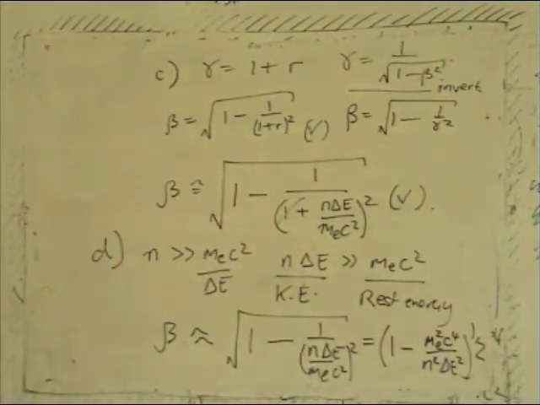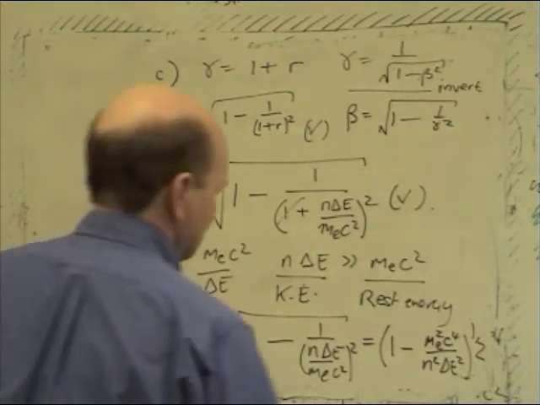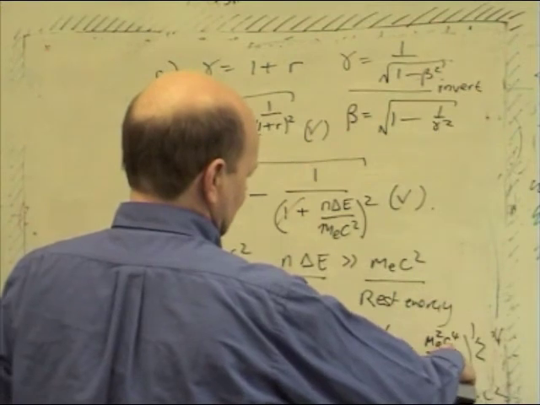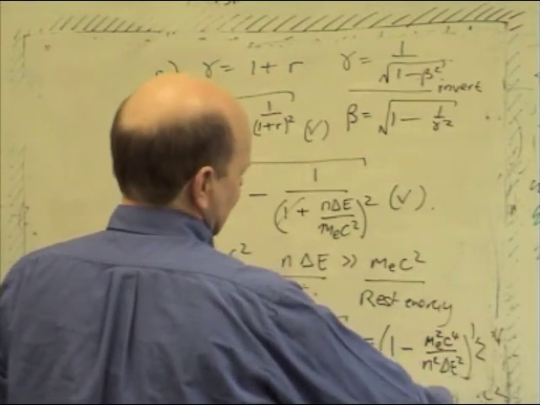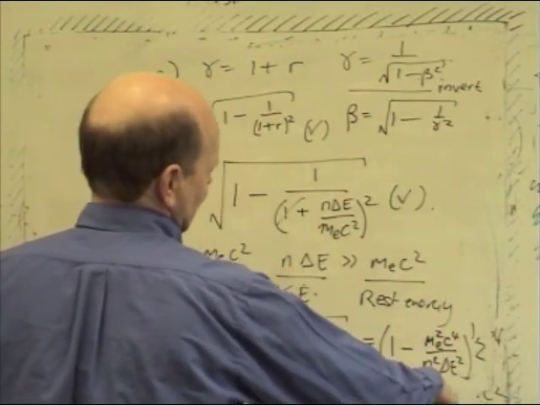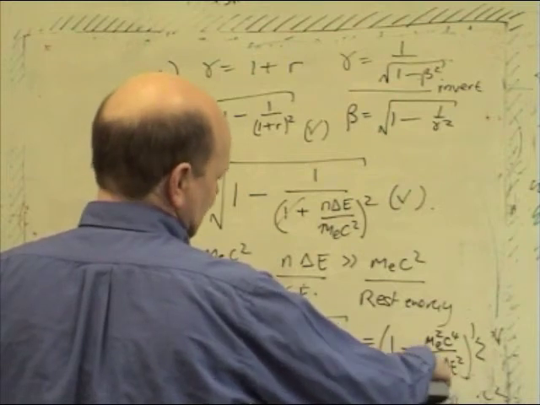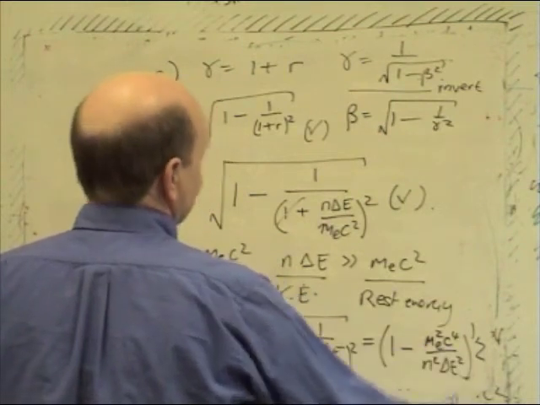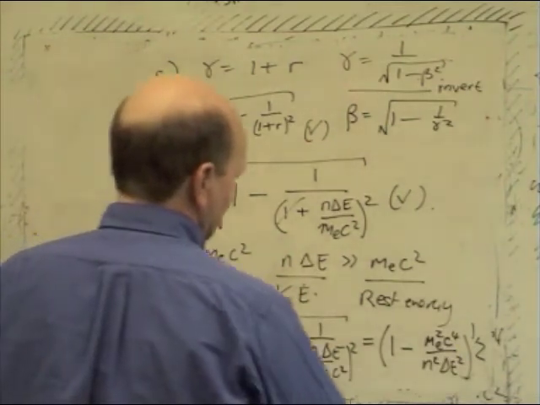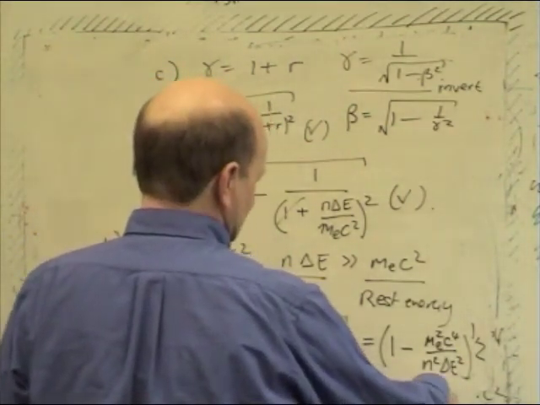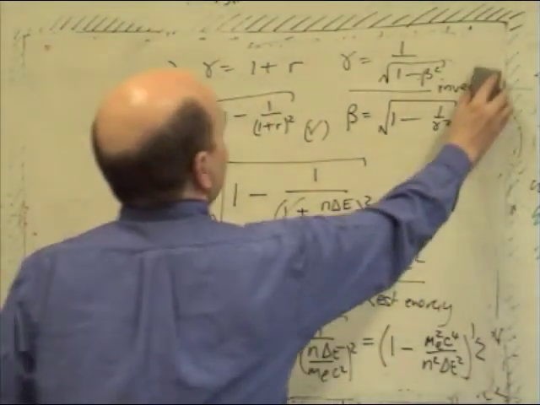We're almost there. All we have to do now is recognise that in this form, mc squared over n delta E is the rest energy over the kinetic energy, which is small, and then the whole thing squared. So the term here, the quantity after the minus sign, is a small parameter.